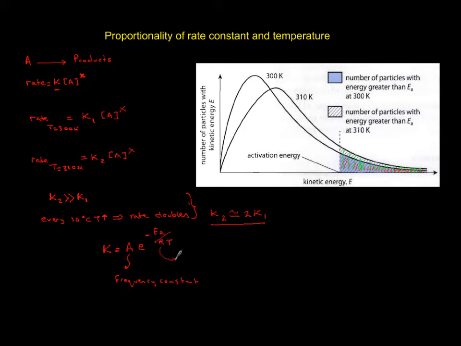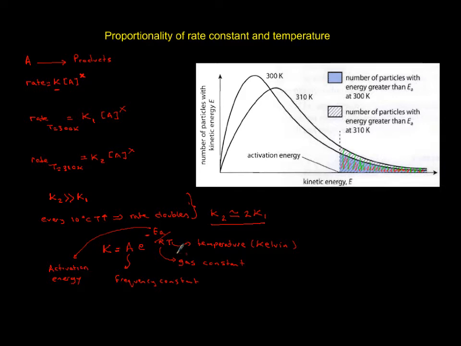R is the gas constant. We only usually study reactions that are gaseous. T is your temperature. Make sure it is in Kelvin, otherwise it doesn't work. And EA is your activation energy, which is fixed for a reaction.